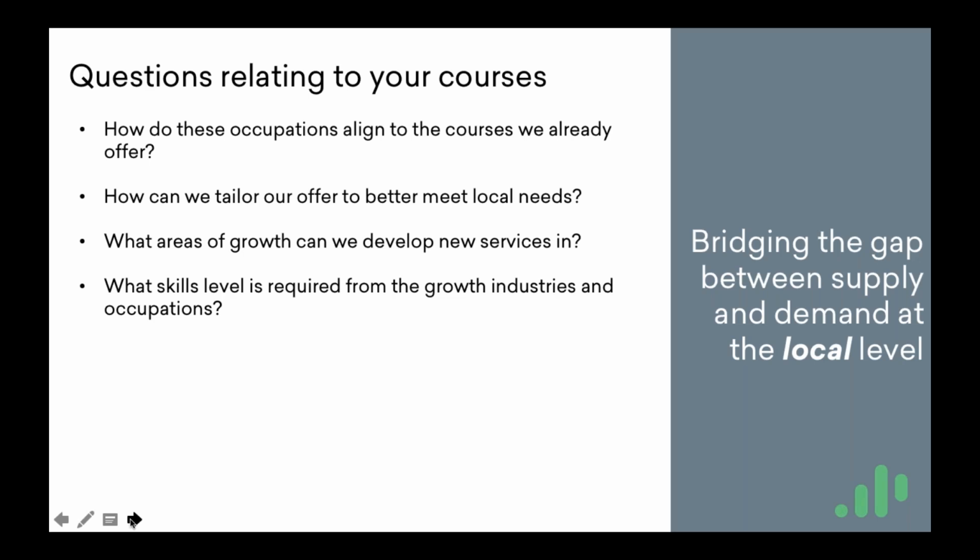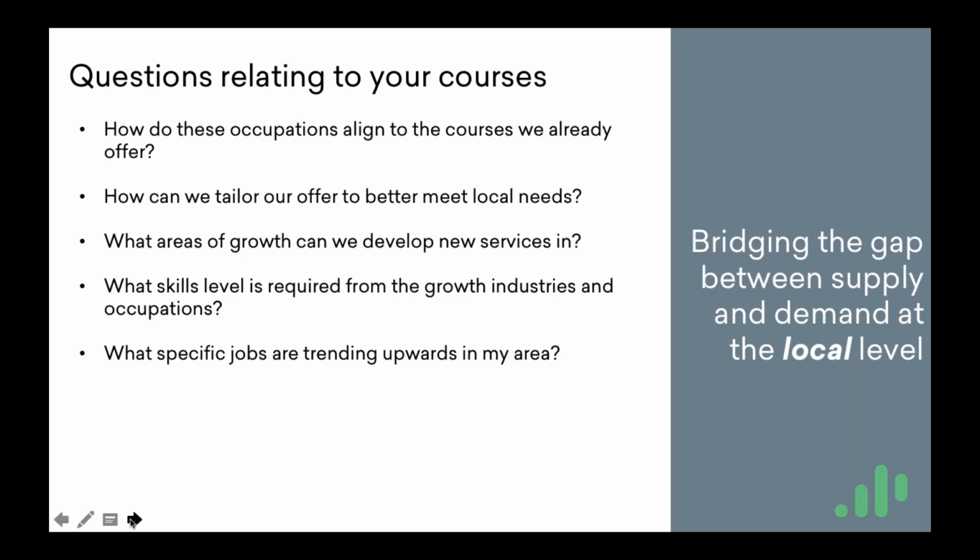If we move on to start those considerations about courses, here are some key questions that, again, should always be at the forefront of your mind when you're thinking about how labour market data can help you with your course development. As we mentioned there, once we start digging into industry data, we can see occupational information coming through that can be really helpful to us.